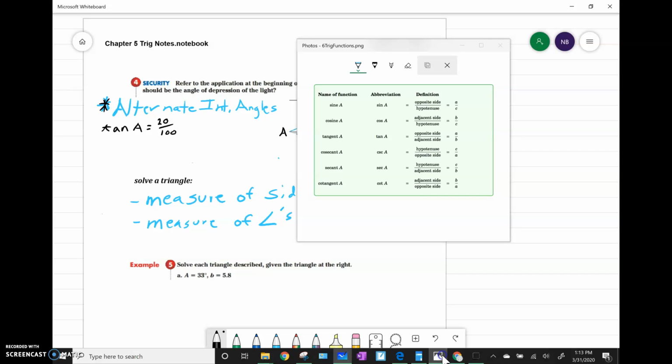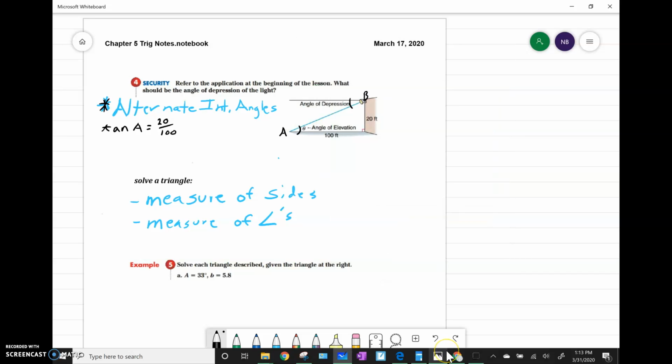All right. So if we were to look for angle B, what we would need to do is take and do an inverse. So we would end up saying B equals the tangent inverse of 20 over 100.